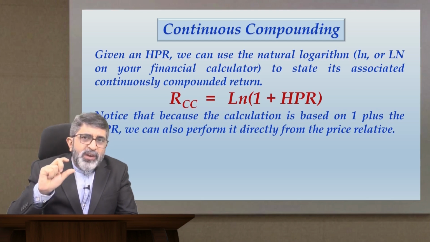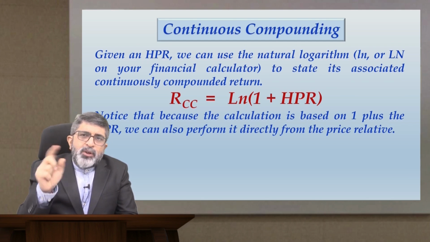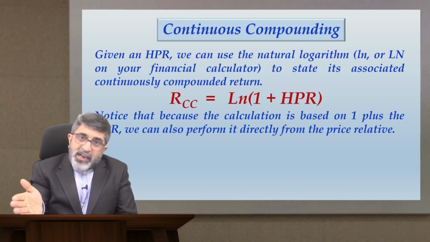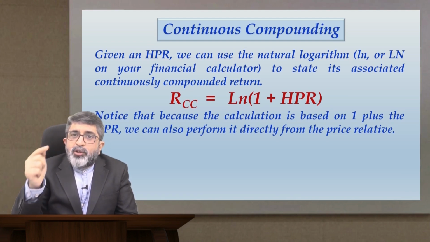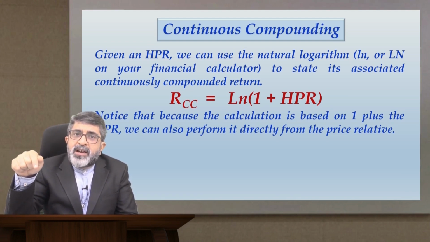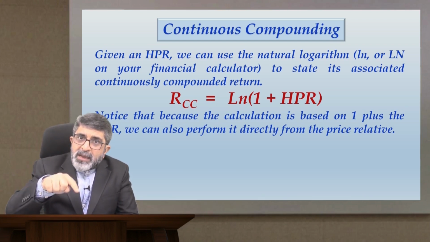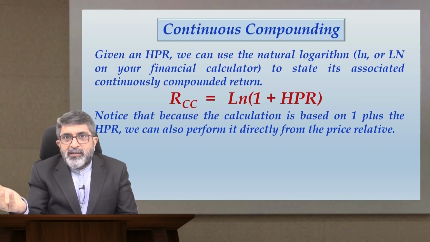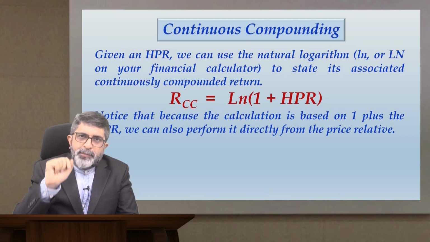So one way to deal with this is you take 1 plus HPR. But you know, 1 plus HPR, how did we compute? We took $100 becoming 120, correct? So we computed HPR: 120 divided by 100 became 1.2, and then we say 1 becoming 1.2. So the HPR will be 1.2 minus 1, that is 0.2, and that gives you 20%.